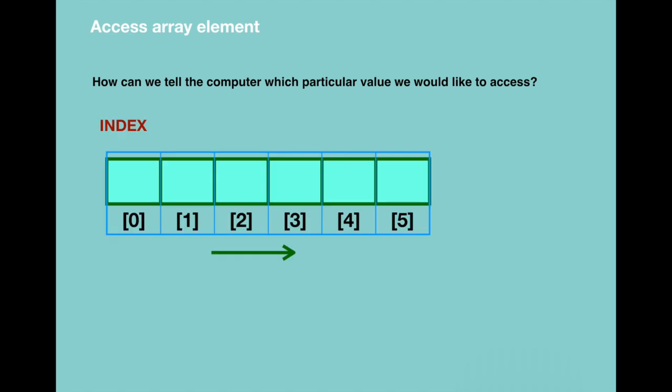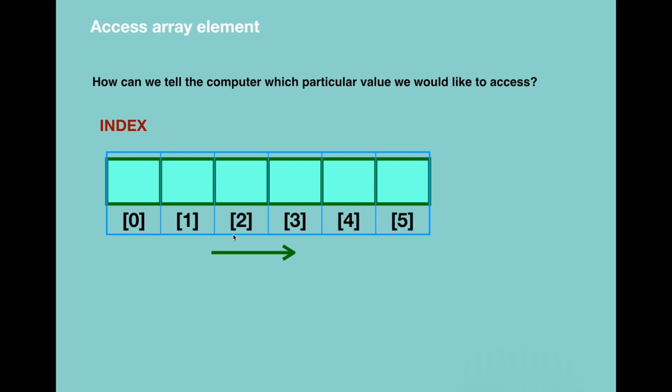Alright, in this video, we will look at how to access any given cell in the array. So what does it mean to access a given cell in an array? It means to read the value of a given cell number. So how can we tell the computer which particular value we would like to access? This is where the index plays a vital role. You can use what's called an index to access a value in an array.